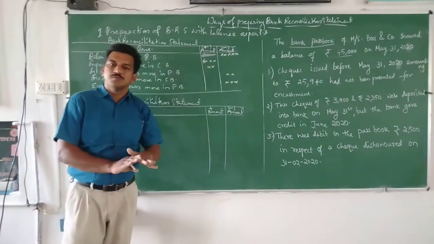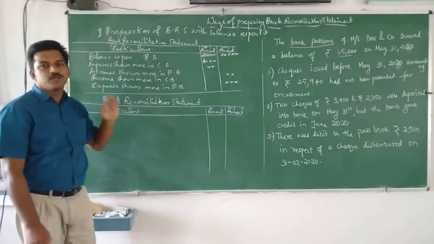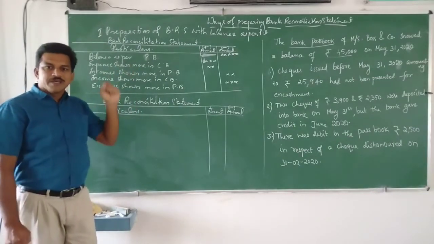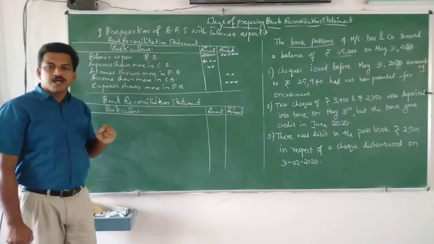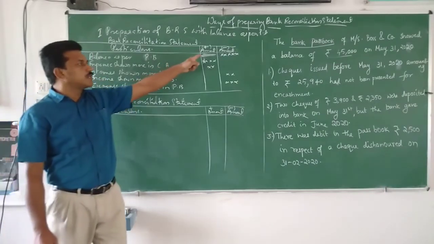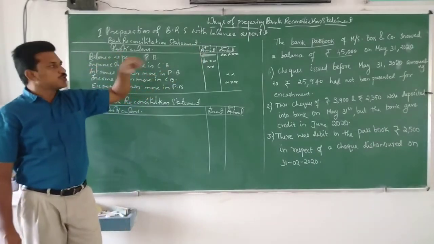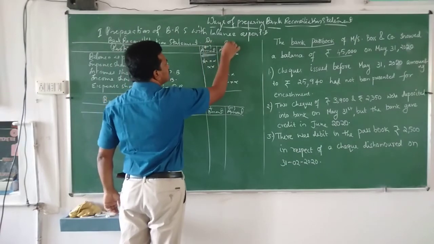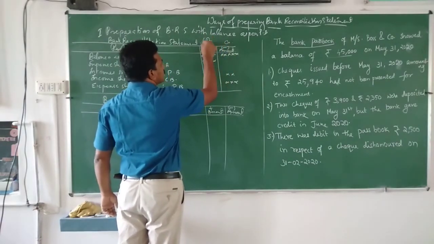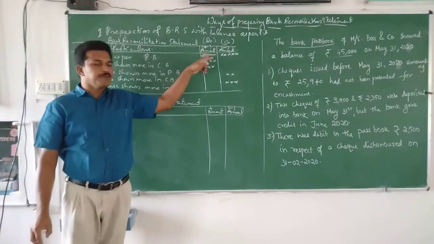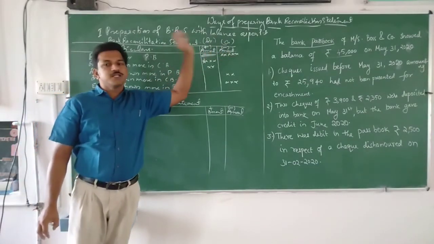The thing is simple. Then you can solve any type of bank reconciliation. Once again, if there is favorable balance in cash book, it means that debit balance we have taken in the plus column. So here you can assume that this is always for debit balance, this is always for credit balance. For assumption you can take. So all the debit balance can be taken in the plus column, all the credit balance in the negative column.